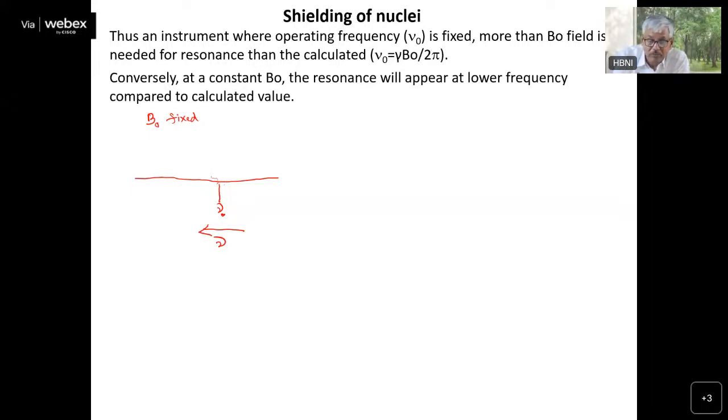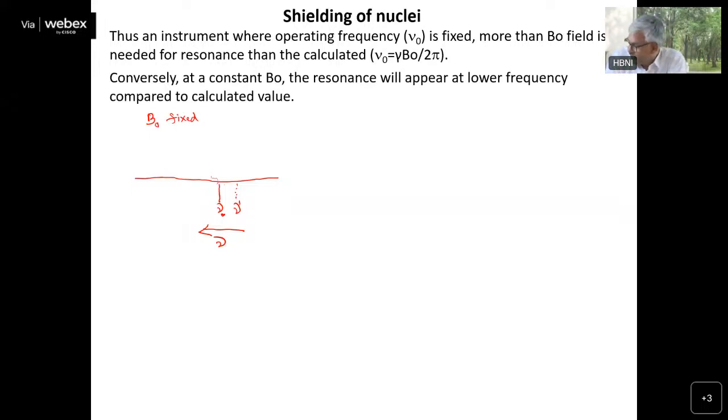Because the nucleus is now experiencing a lower field, the nucleus will now resonate at nu dash. This is the case where your field is fixed.